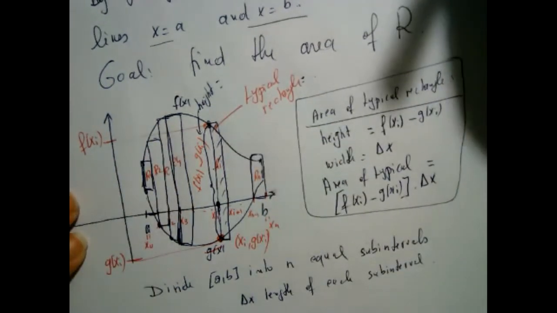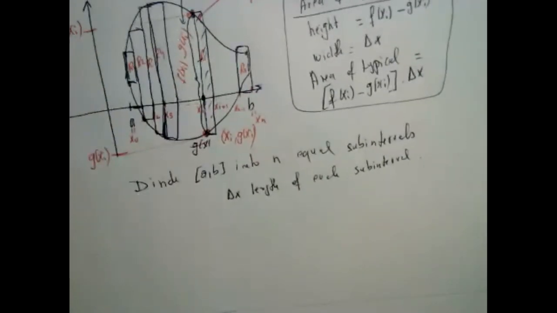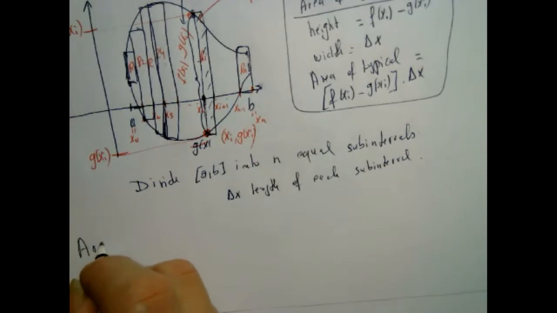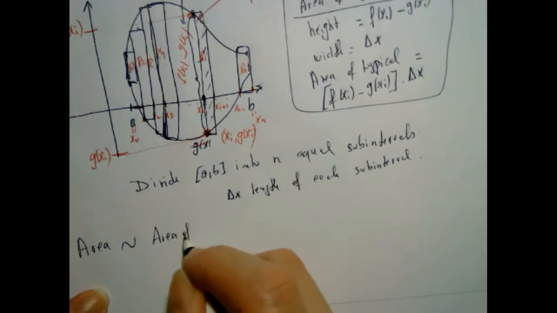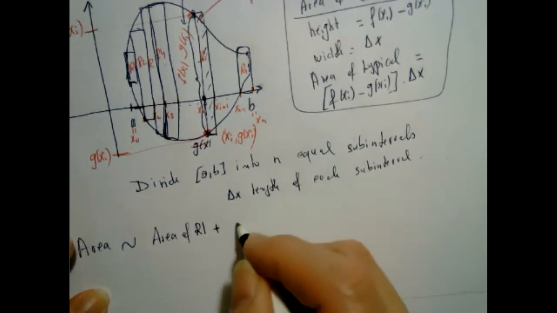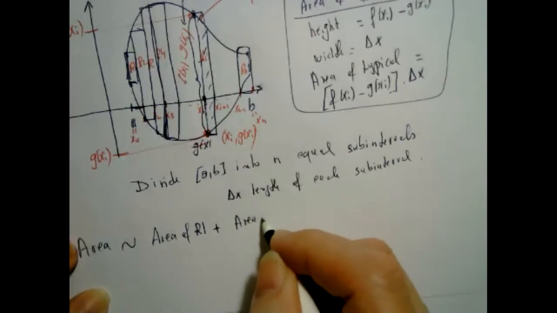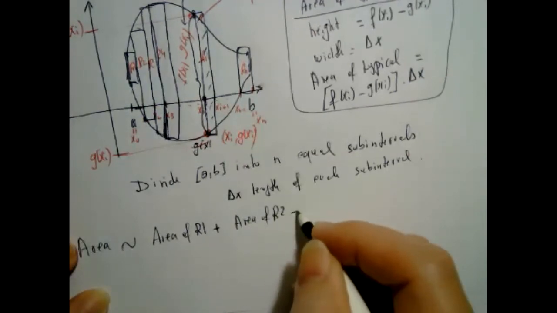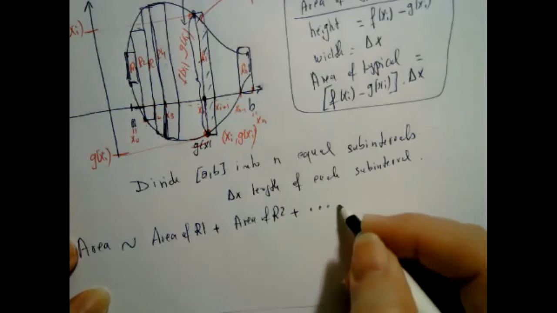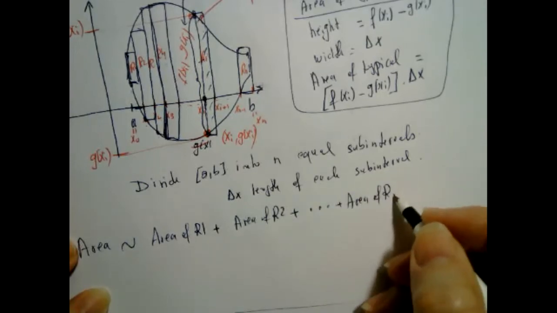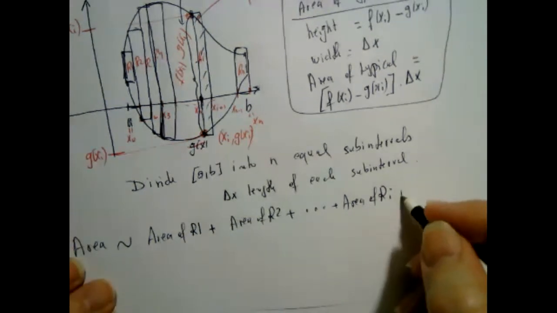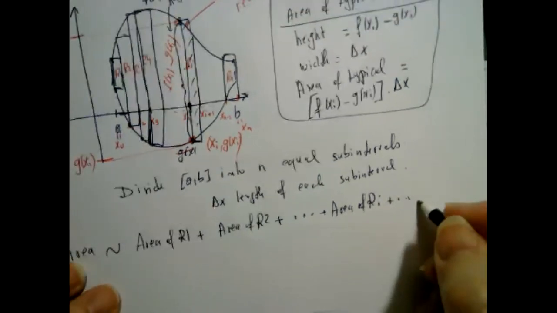Now, what's the area of the whole region? The area of the region is almost equal to the area of R1 plus area of R2 plus, etc. Area of Ri plus so on, area of Rn.